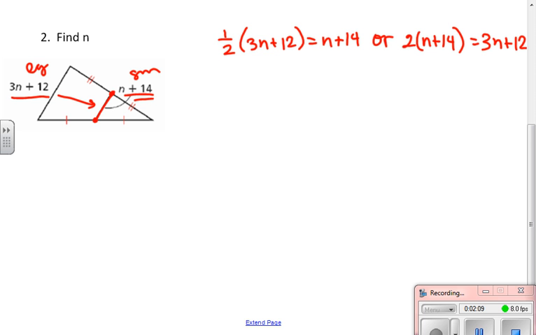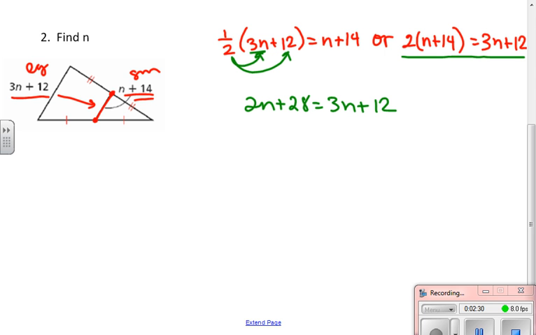Now both of these are correct, and you can get the correct answer with both of them. This distributive problem right here is going to be kind of messy because 3 isn't divisible by 2. So I'm probably going to use this one and write 2n plus 28 is equal to 3n plus 12.